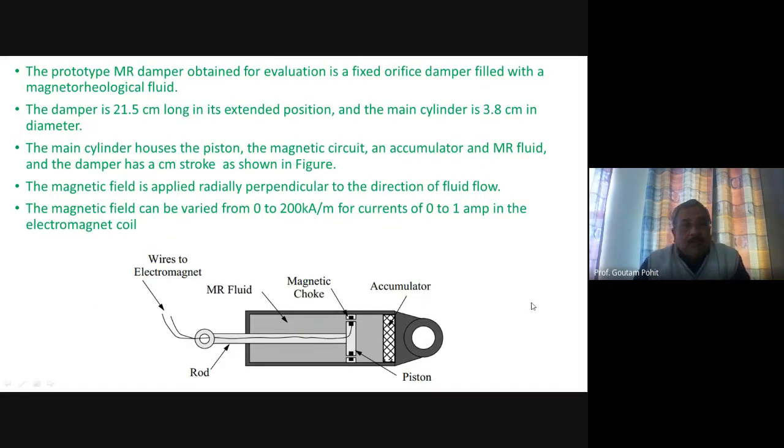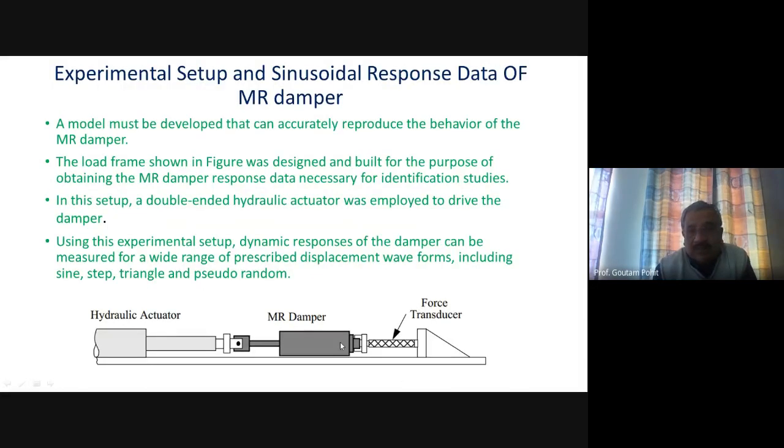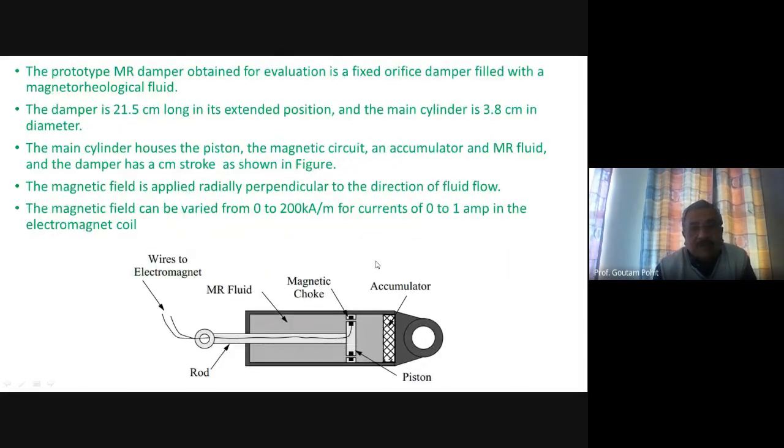And what is the formation of the damper? This is the damper, basically; the MR damper is being shown here. The prototype MR damper obtained for evaluation is a fixed orifice damper filled with magnetorheological fluid. These are the fixed orifices, and there are a number of orifices placed around in a circle.